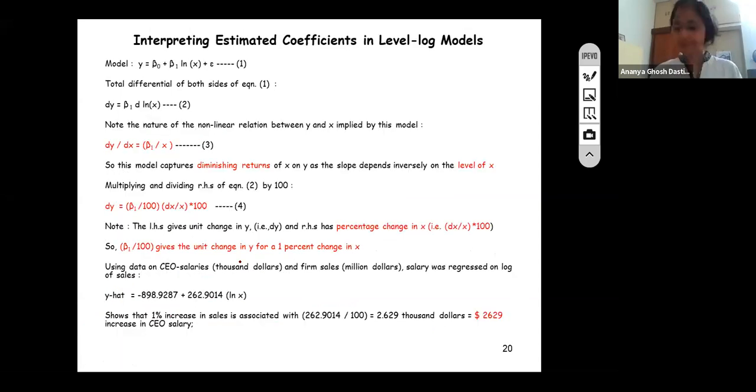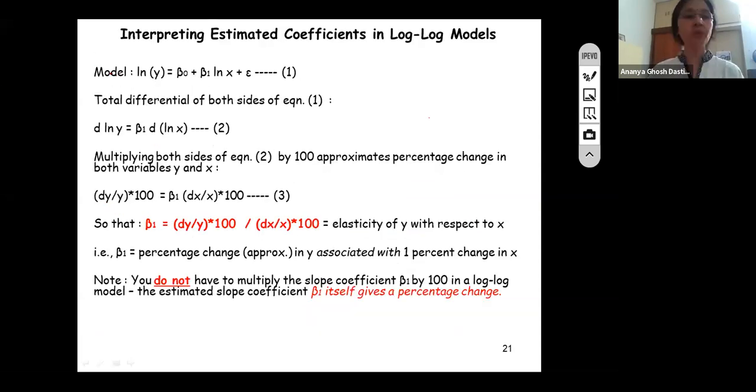So when we have a log-log model, I'm now talking about estimating coefficients from a log-log model. What is that? This is a model where both my dependent variable as well as my explanatory variable are in log form.